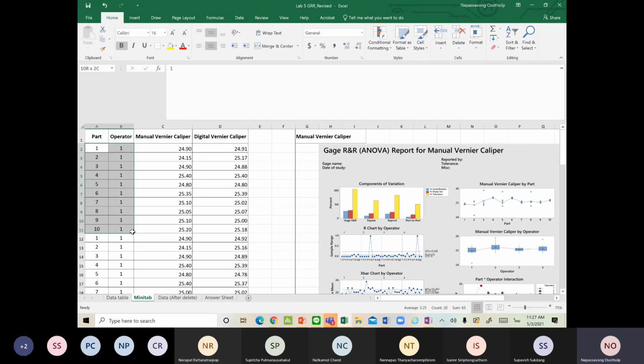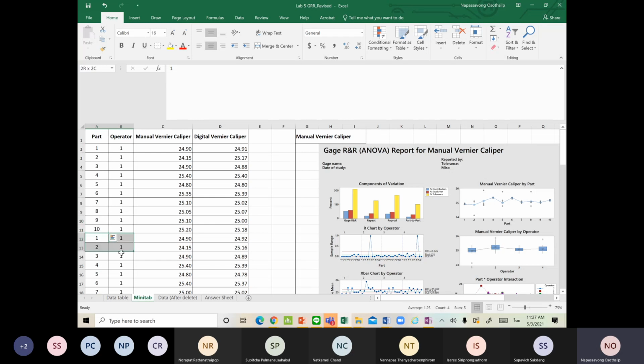Operator 1 measure 10 parts, the first round, and obtain these 10 observations, right? So you just copy it from the table that you have seen before onto this. And now he might have done it for you. And next, operator 1 measure each part for the second round, right?